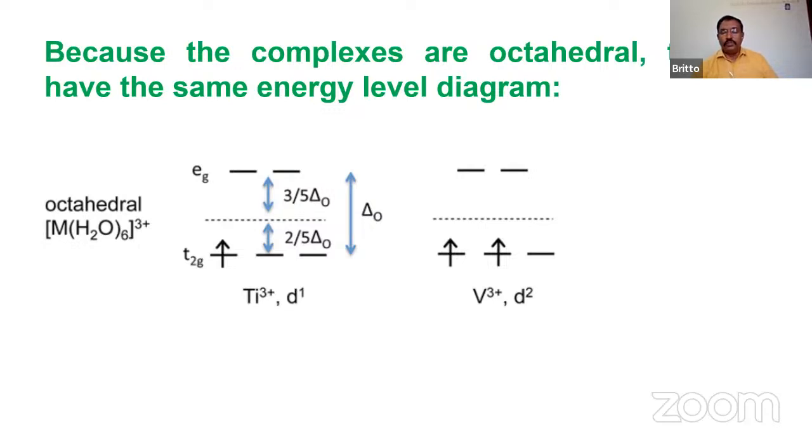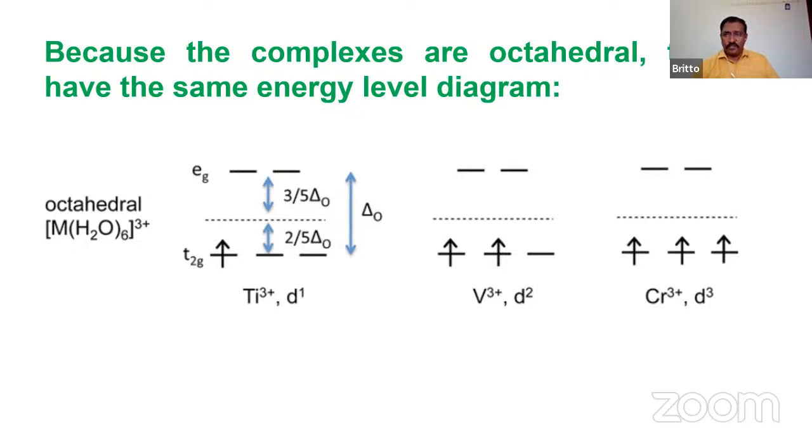So two of the t2g orbitals will be filled with one electron each. Next, chromium 3 plus. Chromium has atomic number 24 and the configuration 4s1 3d5, so 6 valence electrons.